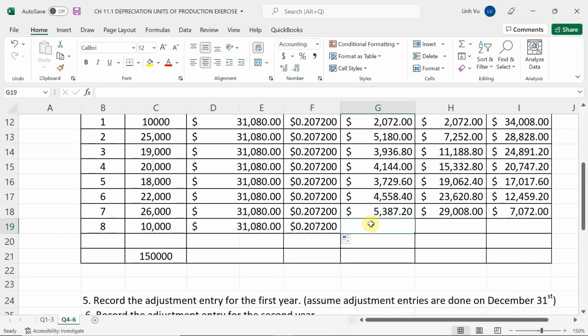So in this case, what is my grand total for my depreciation expense if I drove 10,000 miles? If I drove 10,000 miles at 20.72 cents.